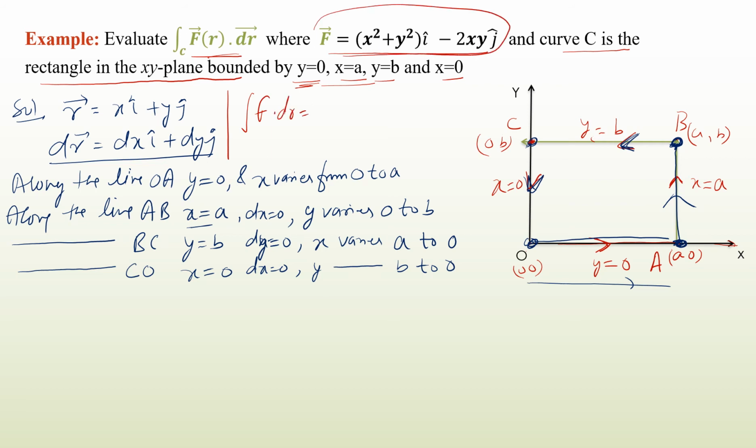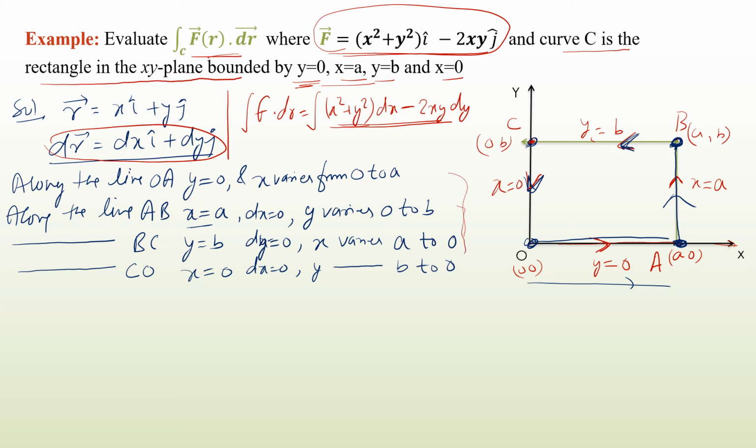Here first I write the integral of f dot dr. Taking the vector dot product with dr, we get x squared plus y squared dx minus 2xy dy. We have to evaluate that integral along these lines.